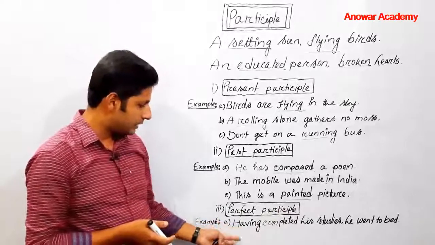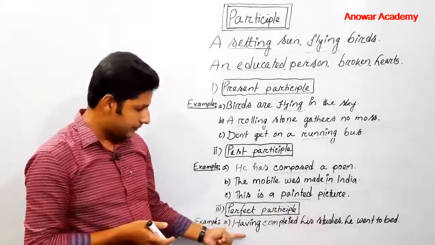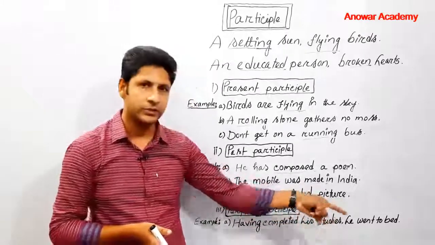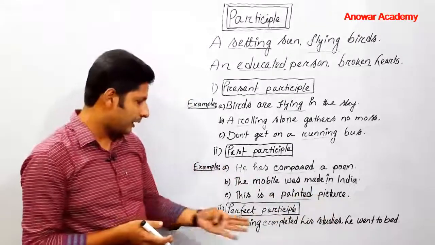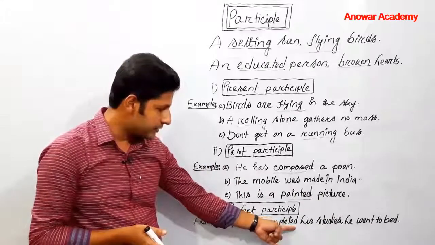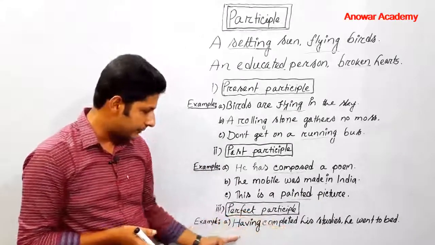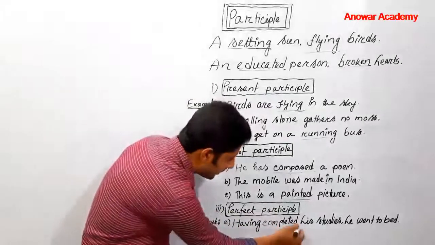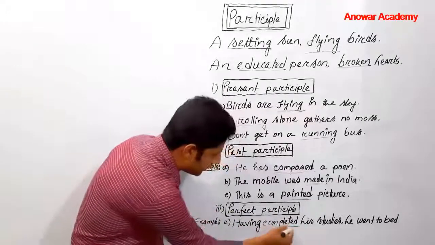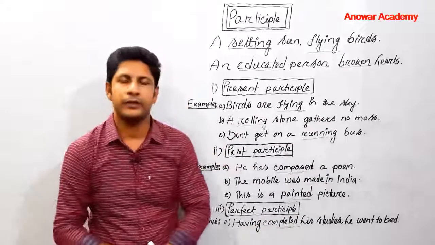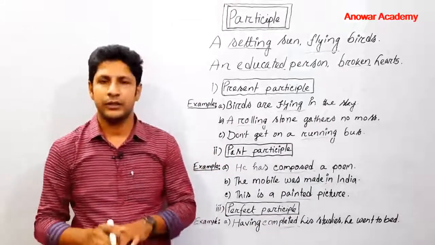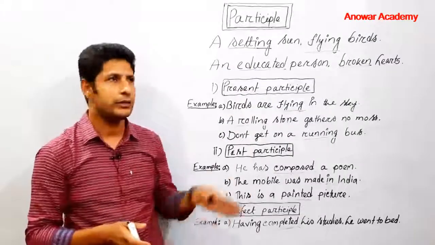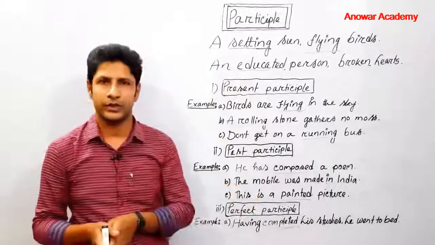Here you can see in the first example, having completed his studies, he went to bed. Here, past participle of the verb is used after having. That's why completed is called perfect participle. Dear learners, I think you have understood from the beginning to the end of this discussion.